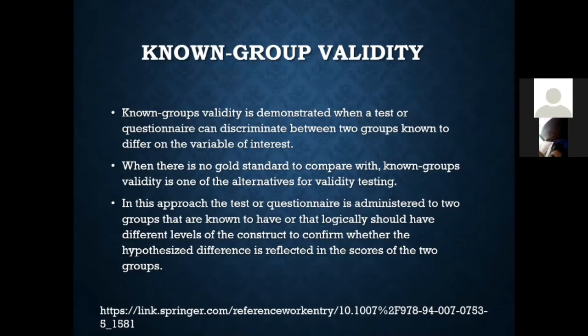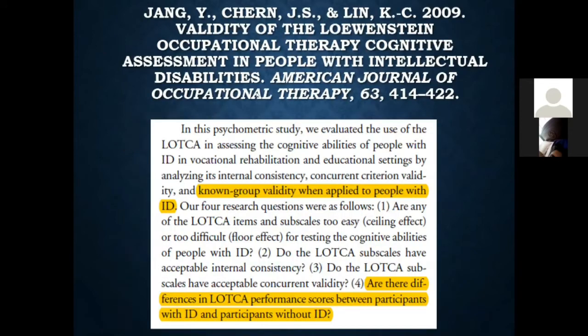Say, for instance, you constructed a measurement on... let's have a look at the paper. Okay, this one. Validity of LOTCA, Lowenstein's occupational therapy cognitive assessment in people with intellectual disability.